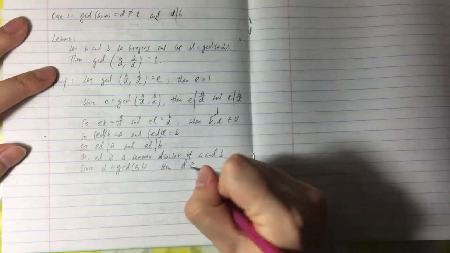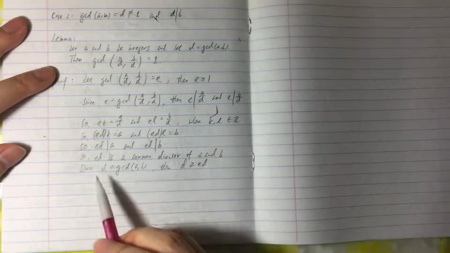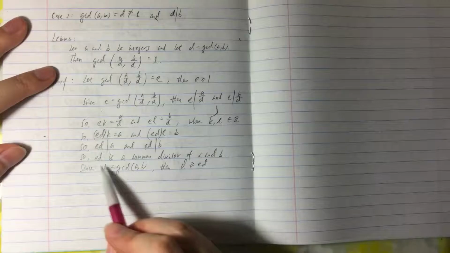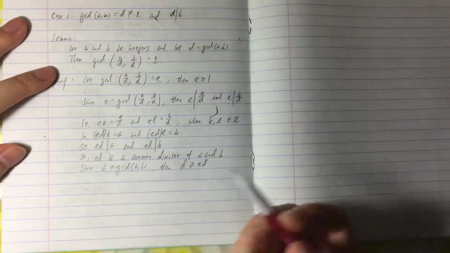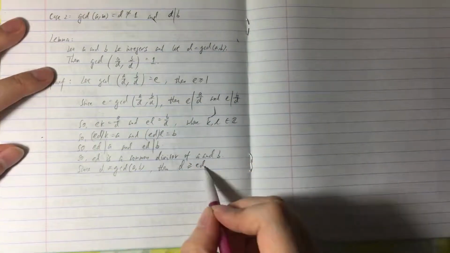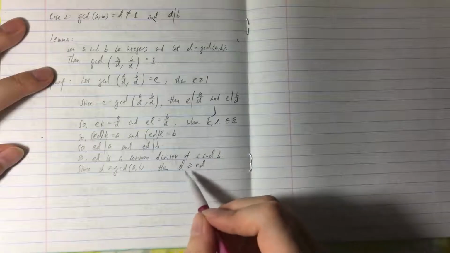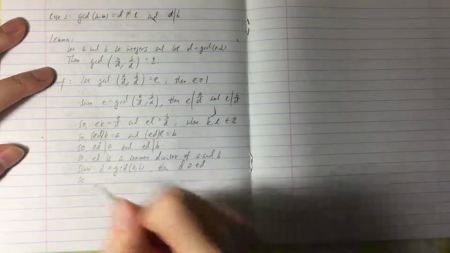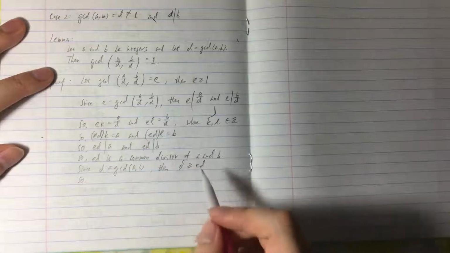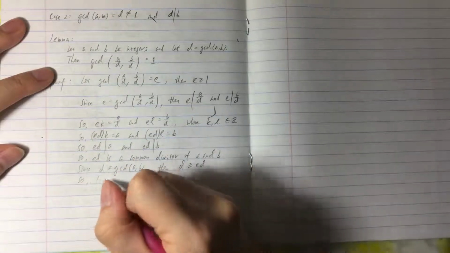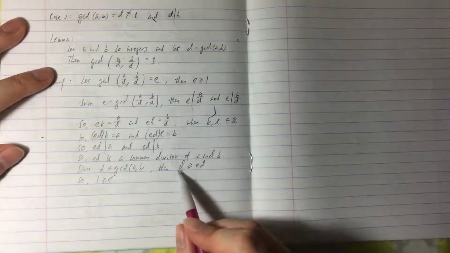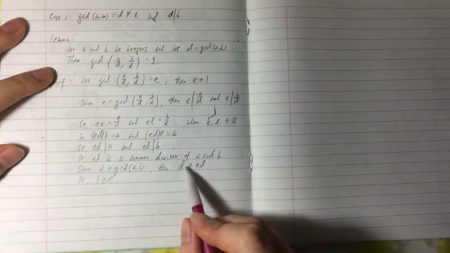Since ED is a common divisor, D is greater than or equal to ED. If I divide both sides by D, since the common divisor cannot be 0, I have 1 is greater than or equal to E.